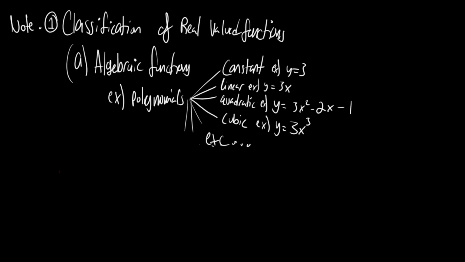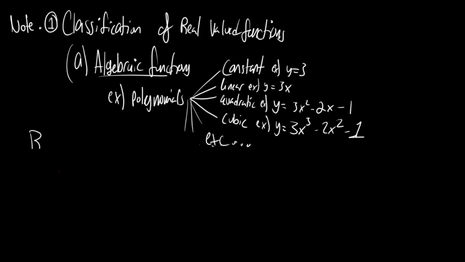It's just a matter of what we are dealing with. All these are technically considered polynomials, and they're all algebraic functions. So let's go ahead and establish what a rational number is.